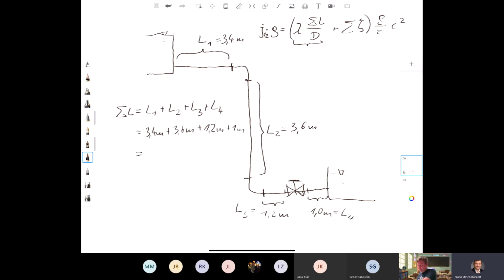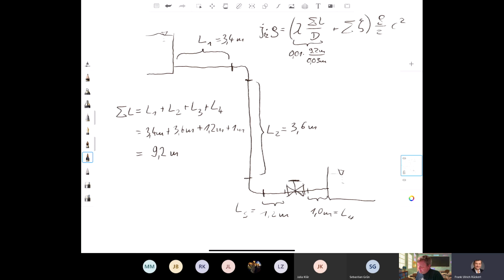And this is some number of meters. Okay, and now we must, so this is 0.01 meters divided by 0.03 meters.